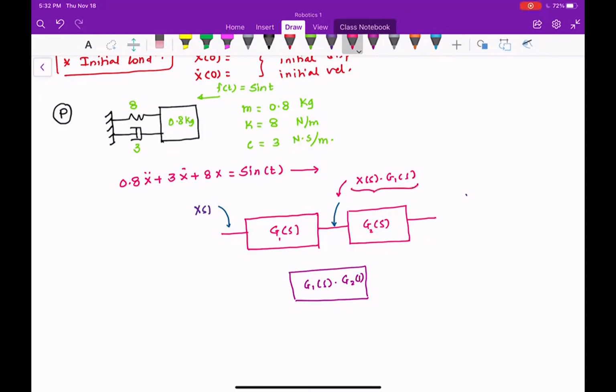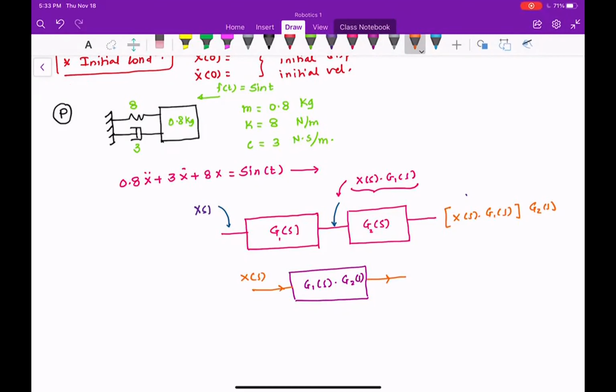This whole thing becomes the input for the second block. So what happens here? You have X(s) times G1(s) multiplied by G2(s). So this is the same as X(s) multiplied by G1(s) times G2(s).